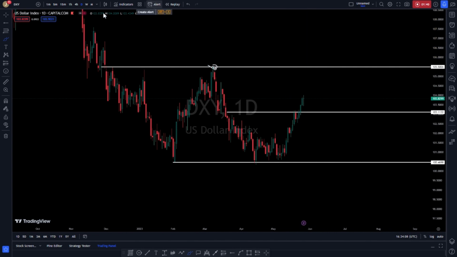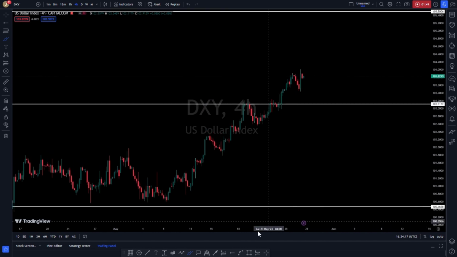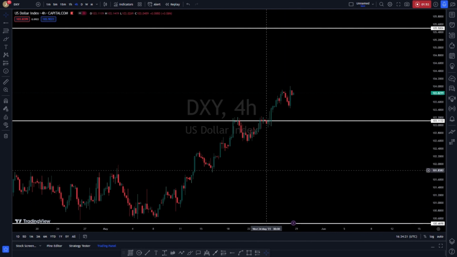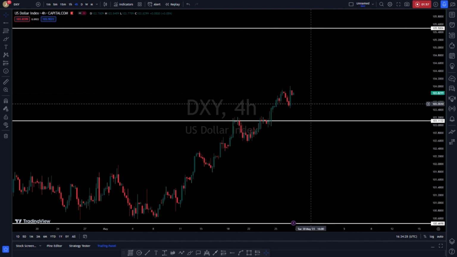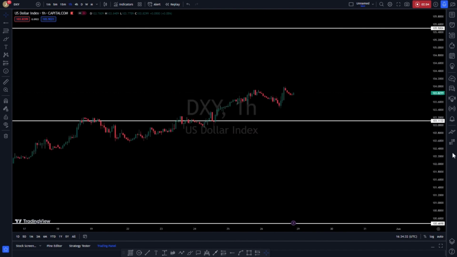So let's see the 4 hour. Yeah, the 4 hour is still giving us a bullish confirmation. It's still going to trend to the upside. So I don't need to analyze further, because we don't trade the DXY.